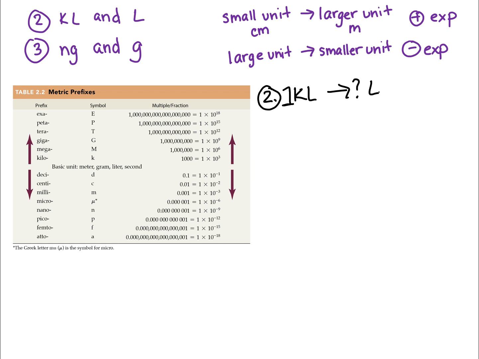If I have 1 kiloliter, how many liters do I have? Am I going from a small unit to a large unit, or a large to a small? And somebody's already got the answer, sort of. But let's go through it step by step so that you have a process. Are we going from small to big, or big to small?